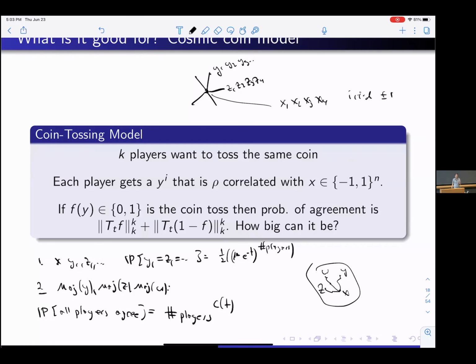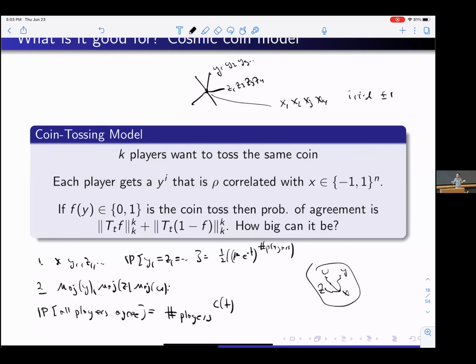So it doesn't decay exponentially. Even though you have many players, the probability that they all agree decays just polynomially. Then we asked whether maybe it doesn't decay at all. We found an example where it decays polynomially, but maybe no matter how many players we have, we can agree with probability at least 1/10.